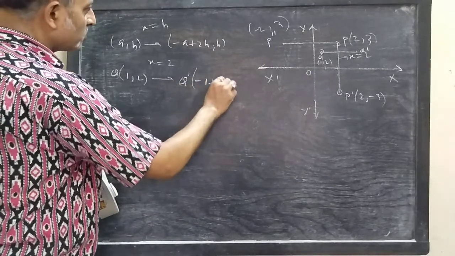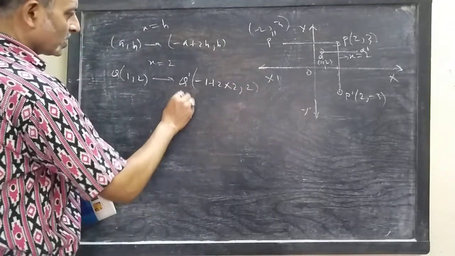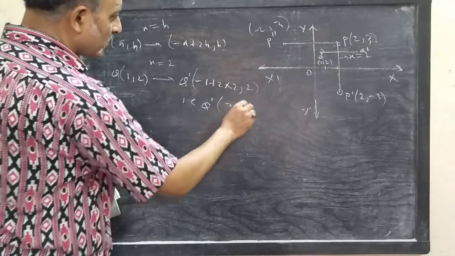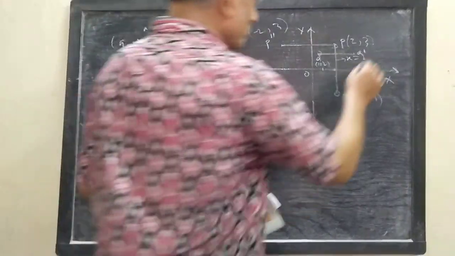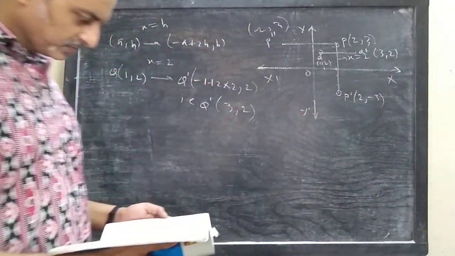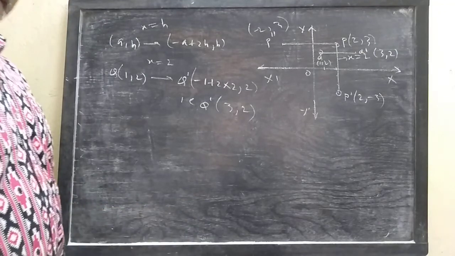Minus 1 plus 2 into h, h is 2 here, b remains fixed, that is Q dash is 4 minus 1, 3, 2. So here Q dash will be 3, 2. Okay.